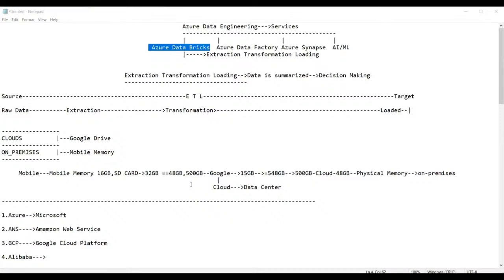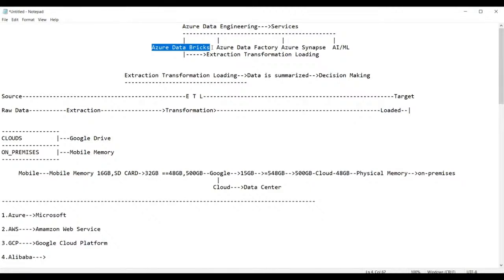Azure Data Factory and Azure Databricks are both used for the same process, but in Azure Databricks you use the CUI, where you need to use different languages: Python, Scala, R, and SQL.